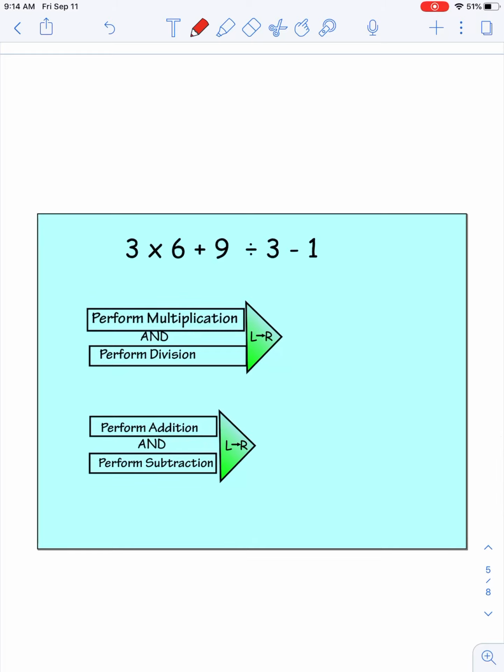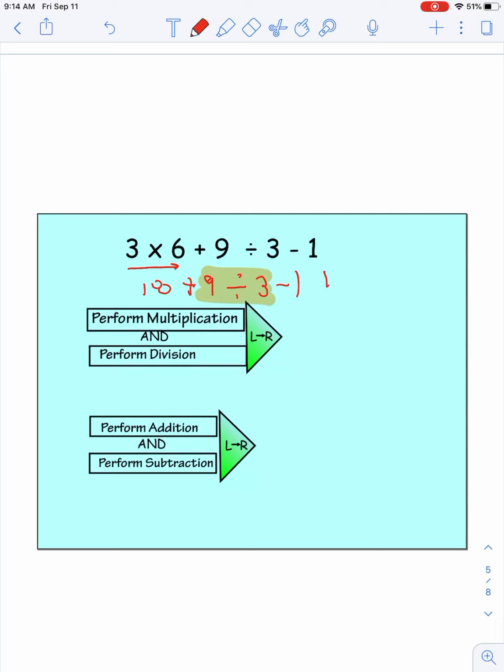So if we go back to this, if you did not get this correct, what you needed to do first is multiplication and division in order. So I have to do the 3 times the 6 to get 18. Then I have plus 9 divided by 3 minus 1. So the next thing I have to do is this right here, 9 divided by 3.